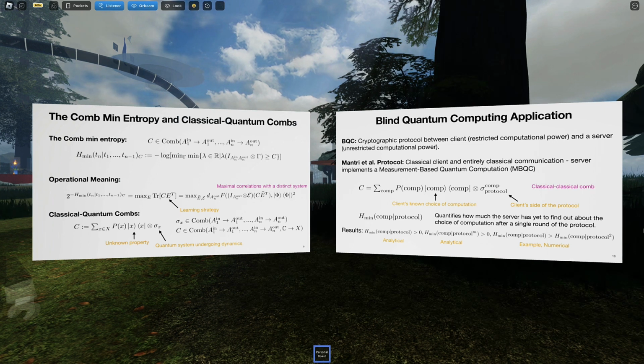We still have this minimum form, we still have this maximization form, but instead of maximizing only over a CPTP map, we maximize essentially over a comb. Well, it's a dual comb. In this case, instead of a bipartite state rho, we have a comb C, which operates on a many-partite system.